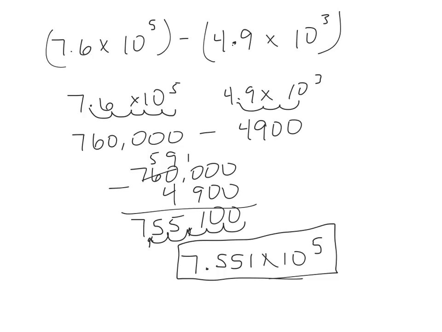Now, how does this work with negative exponents? Well, very similar. As long as you can put it back into standard form, then add or subtract the numbers, put it back into scientific notation, you're in good shape. Let's do an example like that.